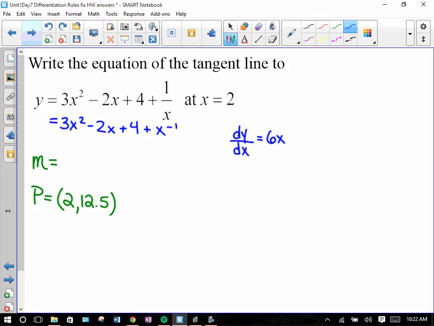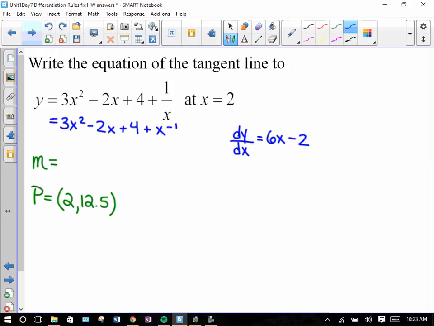It's 1 times negative 2, which is minus 2, and then x to the 1 minus 1. 1 minus 1 is 0, x to the 0 power is 1, so it's negative 2 times 1. Minus 2. Now the derivative of positive 4. Is it a constant? What's the derivative of a constant? 0, so it goes away.